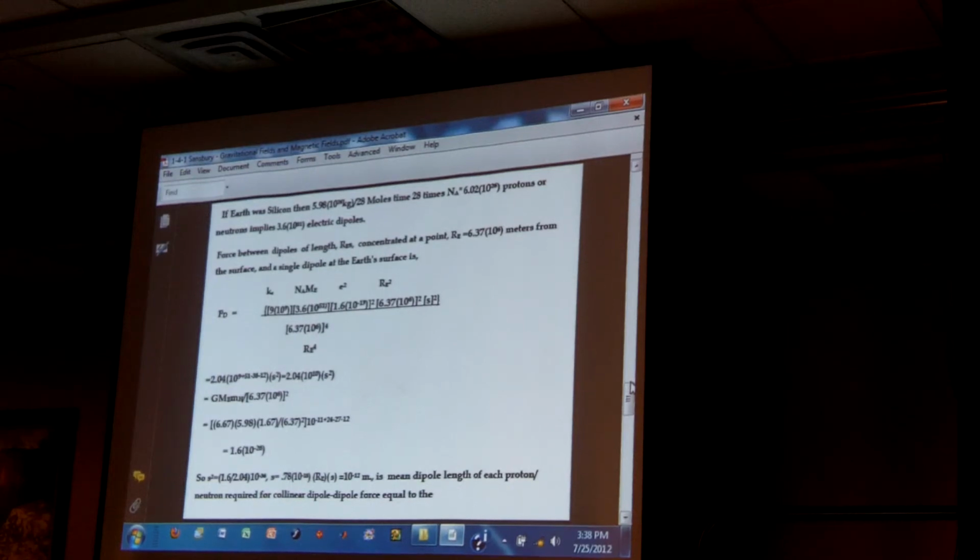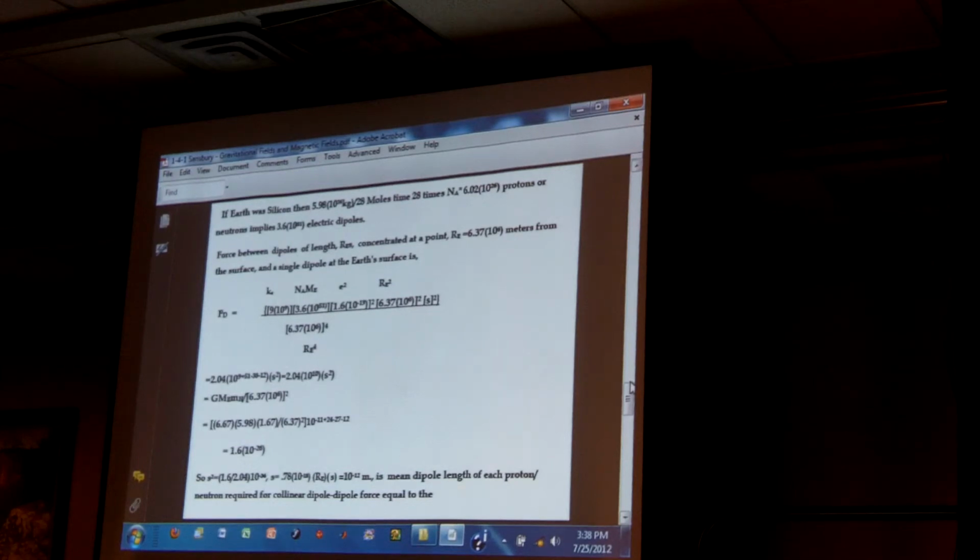No matter what it's made of, silicon or oxygen or the average, whatever it is, that's going to be the number of electric dipoles if there's one electron dipole per neutron or proton. Now the force between dipoles of length the radius of the Earth in this case, times some unknown, concentrated at a point about 10 to the 6 meters from the surface and acting on a single dipole on the surface of the Earth is this formula here.